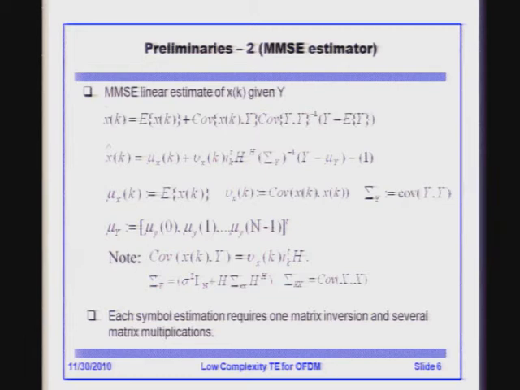This is in the turbo equalization. Our idea is to implement equation 1, and we are going to see how. If you do not have turbo equalization, if you have ordinary MMSE estimation, you assume that mu k is 0, this is 0, and this is 1, and that is the usual regular MMSE estimation.